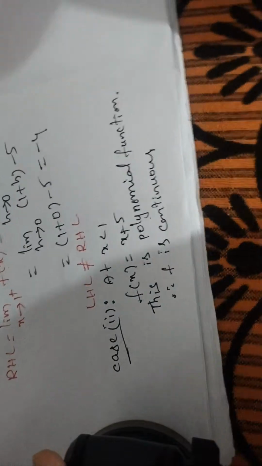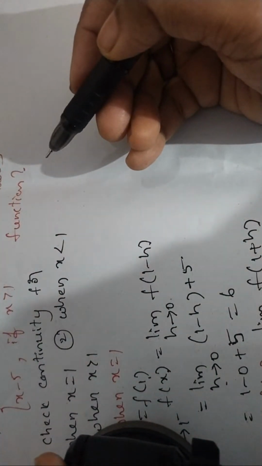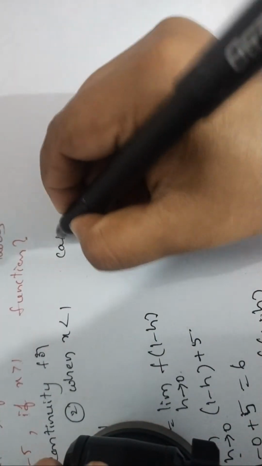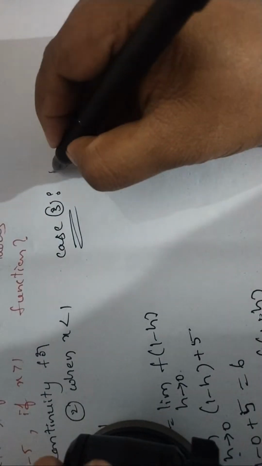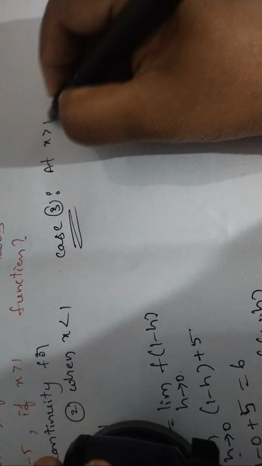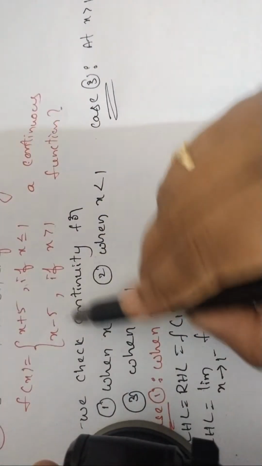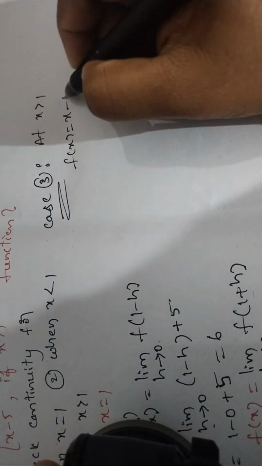Next, case 3. What is the case 3? x greater than 1. When x is greater than 1, what is the function? x minus 5. So f of x is equals to x minus 5.